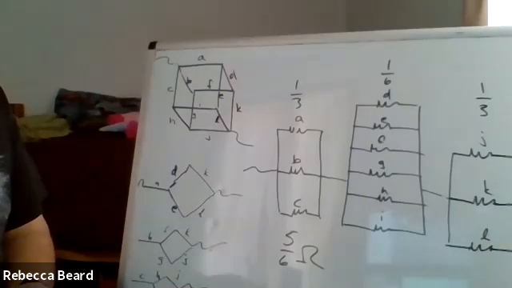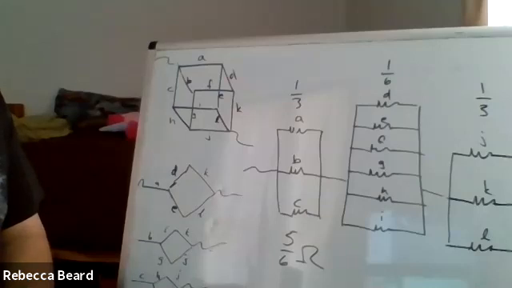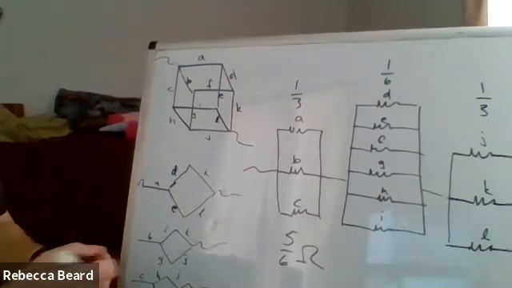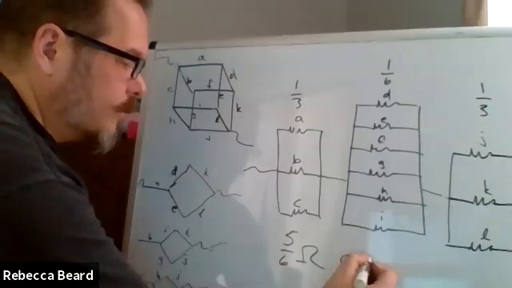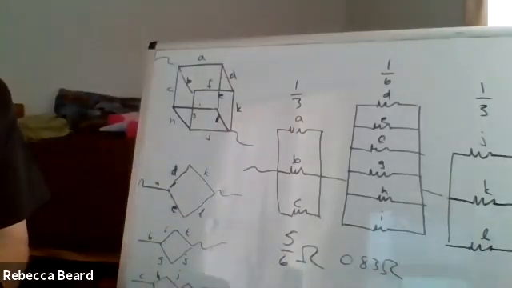Now, the question is, do the other ways get a similar answer? 5/6 should be about 0.833 repeating, I think, if you actually did the math on a calculator. Yep. There you go.